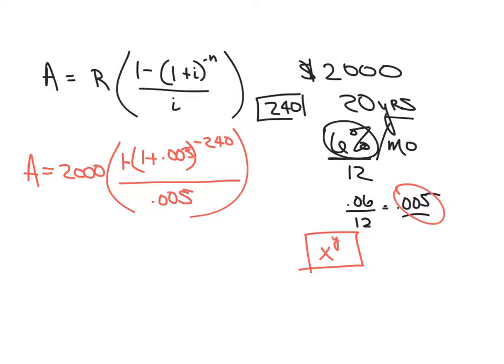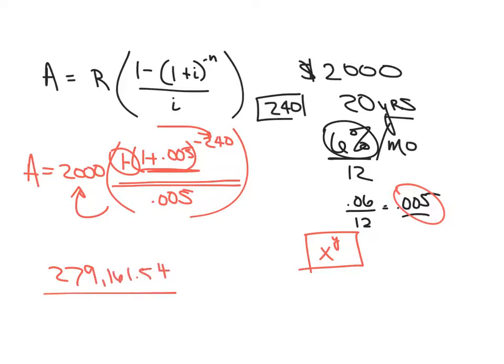And subtract that from 1, or I'm sorry, that to the negative 240 power, subtract that from 1, divide it by this, multiply it by that, and you end up with $279,161.54. So, if you want to have $2,000 a month for the next 20 years, you need to put in $279,161 into savings, and you will have enough money then for that period of time.